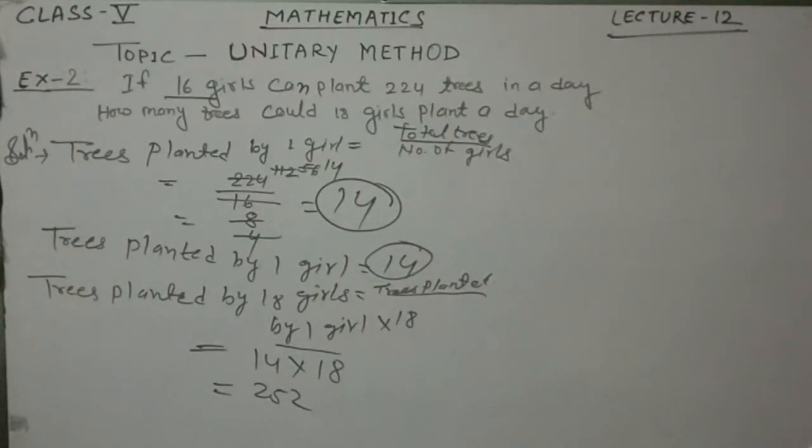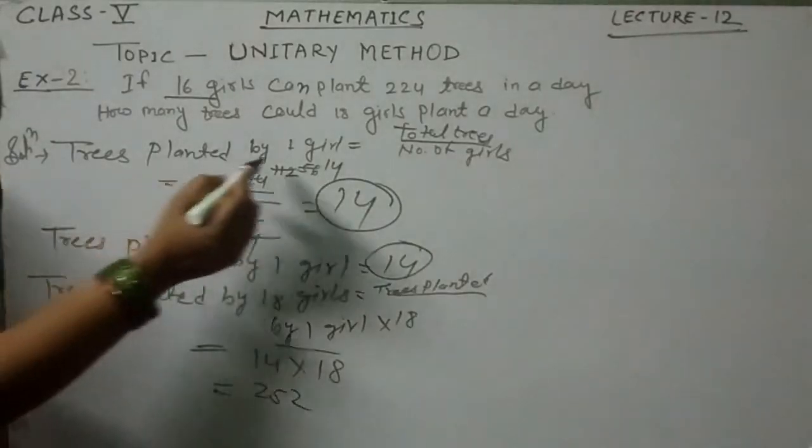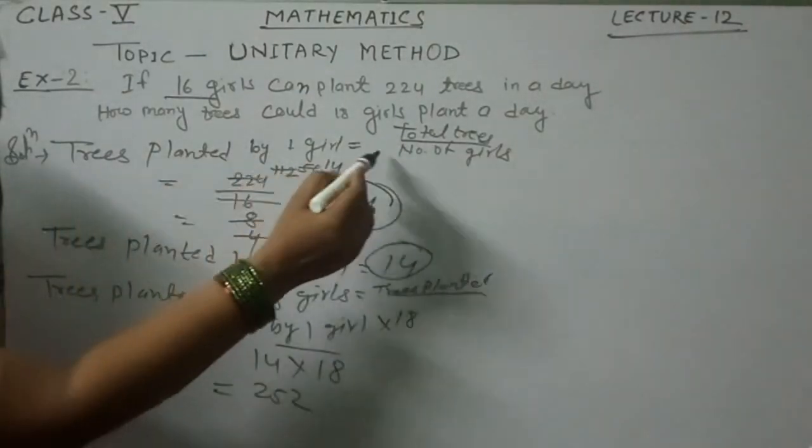That means here in the unitary method, first we have to find the unit value of each article. After finding each article's value, we have to find what values in the question are given. Okay, that means the method of finding the value of an article, how? By dividing. How do we find one article's value?